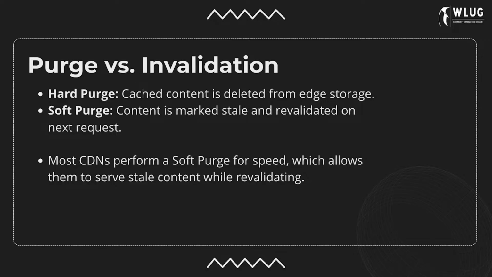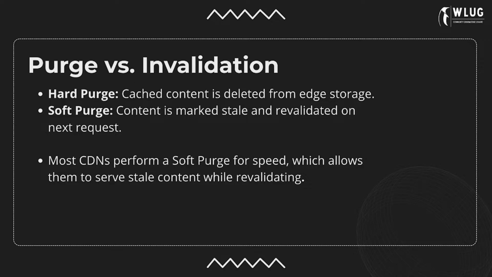Okay, purging versus invalidation. So what is purge? Hard purge is when the cached content is deleted from the edge storage. And soft purge is where content is marked stale and revalidated on the next request. So the example for this is whenever there are updates made in the content, there is a state where the cache has the previous data while the origin server has the updated data.